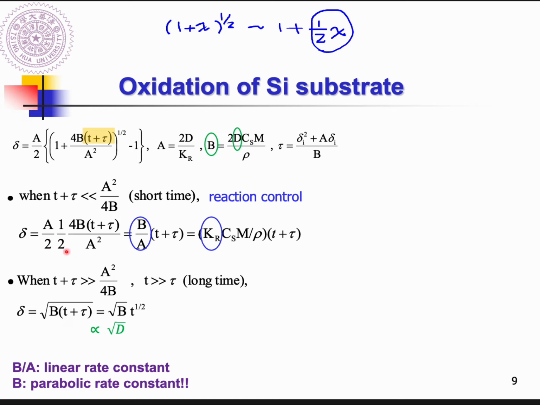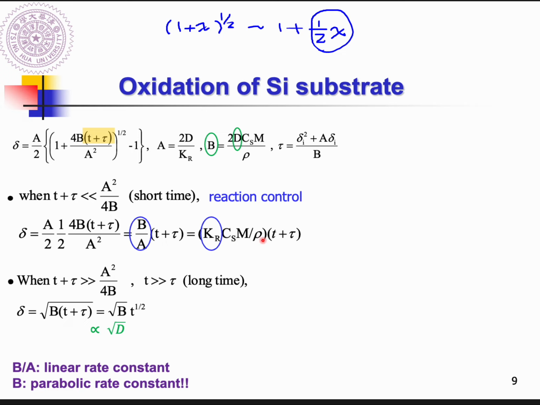So when we do our experiments, we can measure the delta, the thickness of dioxide, as a function of time. So you can estimate what kind of graph or data you're going to get when you measure the thickness of the silicon dioxide layer as a function of time.